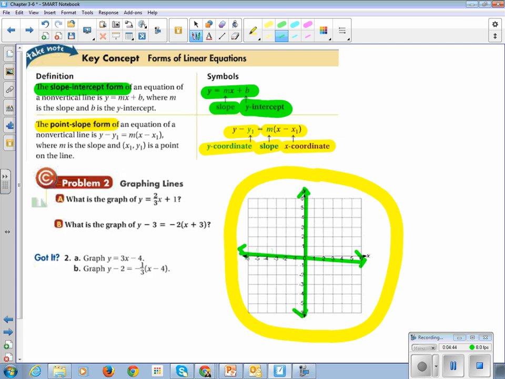It's terribly detrimental to free-form your graph. It's always better to have graph paper. If you need graph paper, let me know. I will be more than happy to give you graph paper. Try to avoid freehanding graphs as much as possible, especially if we're going to graph 2 points, draw a line, and try to get an intercept out of it. If we don't have an accurate graph, that's near impossible.